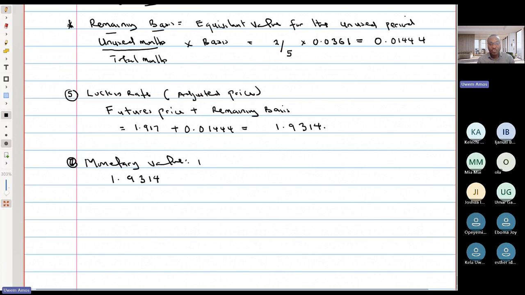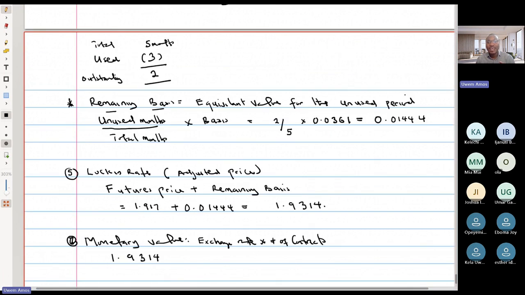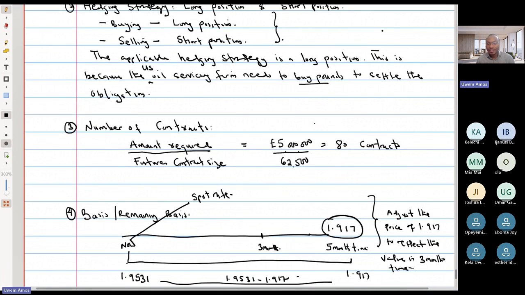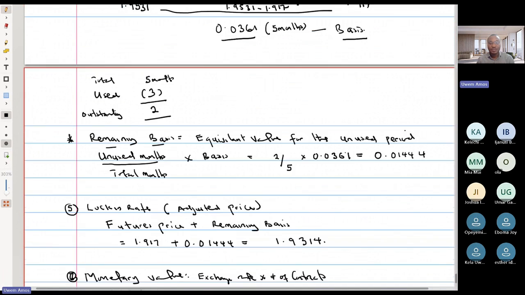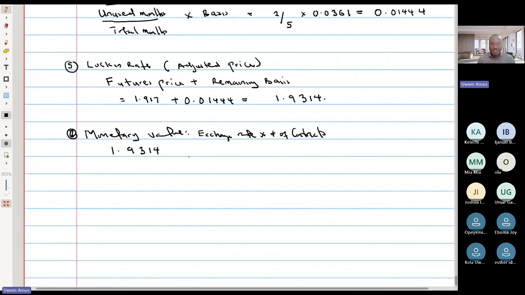So that is the exchange rate. How many contracts are we buying? We're buying 80 contracts.